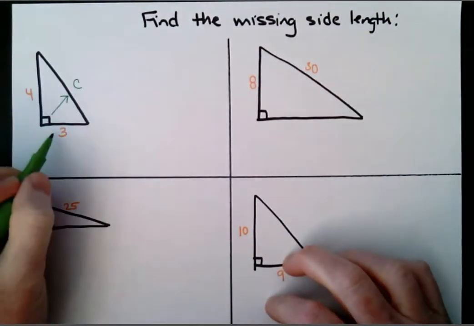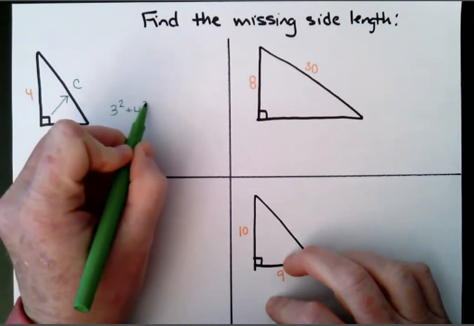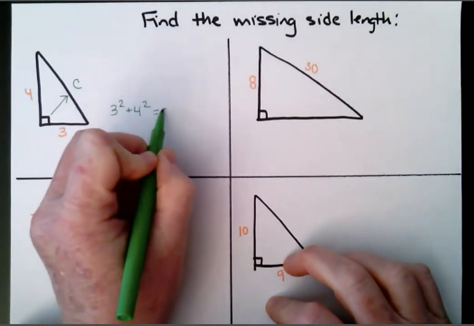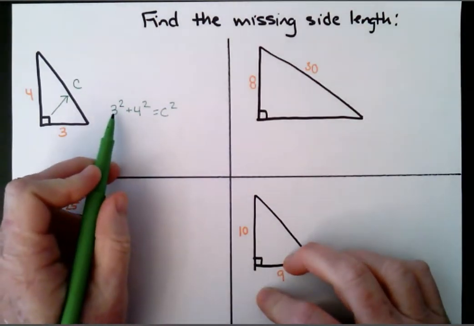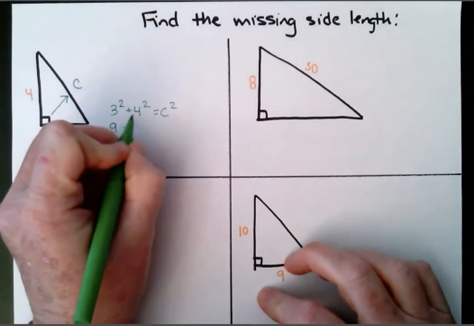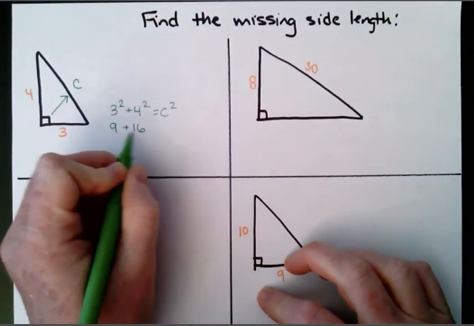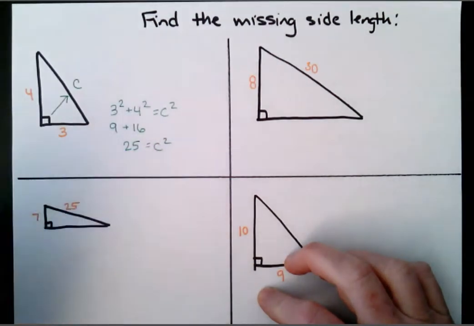So to find C, we know that 3 squared plus 4 squared equals C squared. Following the order of operations, we have to square these numbers first before we can add them. So this is 9 plus 16, which is 25, which is C squared.